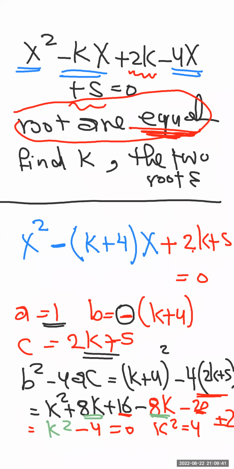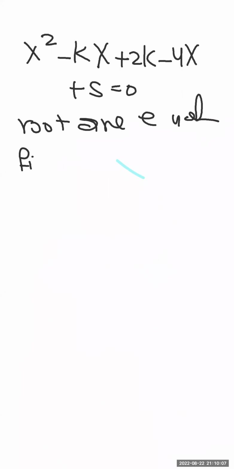Do I suppose to use k as equal positive 2 or negative 2? No priority. So we are going to solve the question with the two solutions. First time if k equals 2, second time if k equals negative 2. Okay, so go ahead and solve the question. I'm going to clear this one, no need for this.